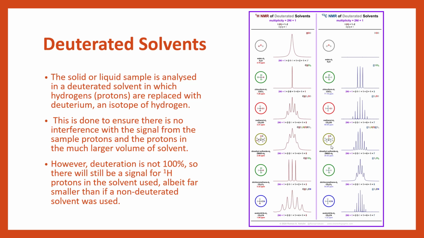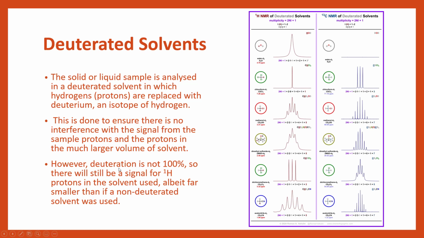Since you're diluting a small amount of sample in a larger volume of solvent, if we just used a regular solvent, the hydrogens from our solvent would greatly take over the spectrum, and we'd see very, very small peaks for our actual sample protons and a massive peak for our solvent. So that's just something to keep in mind.